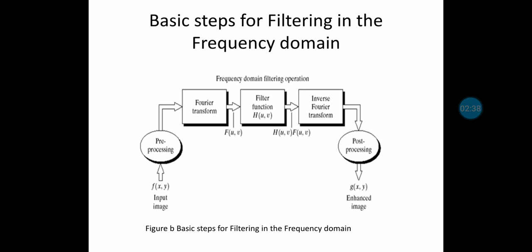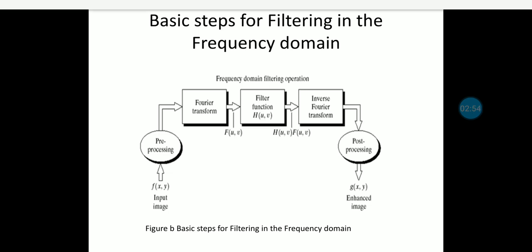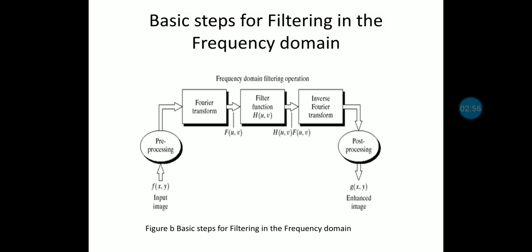The same is passed to the filter transfer function, which is represented by h of u comma v. So the output of the filter function is the Fourier image, that is f of u comma v, multiplied with the transfer function image h of u comma v.